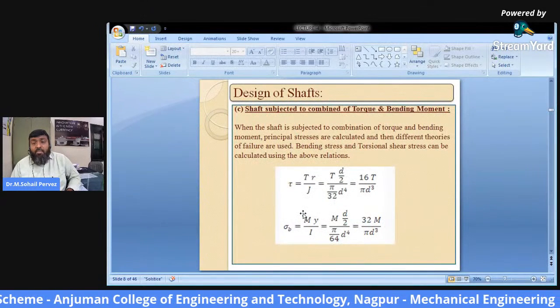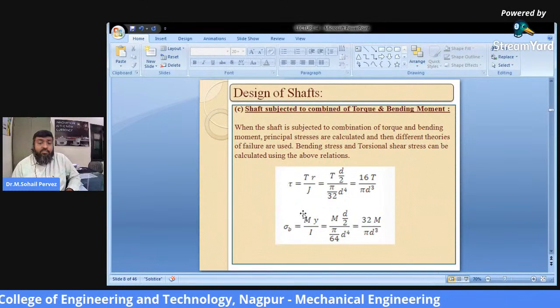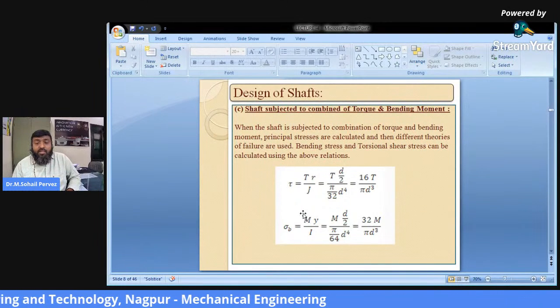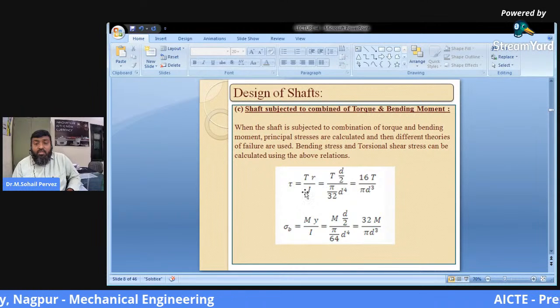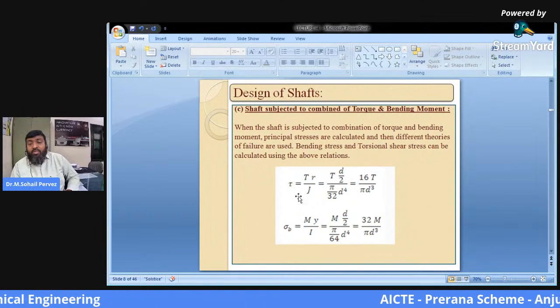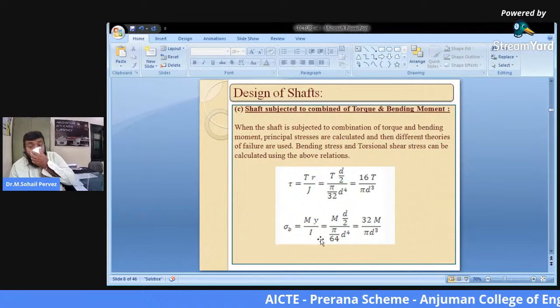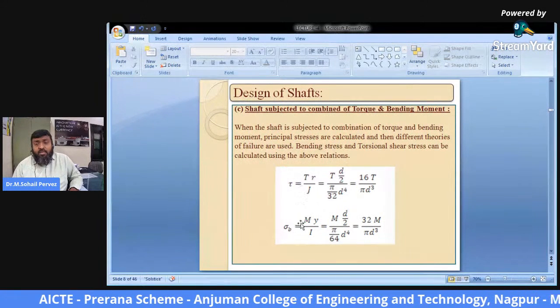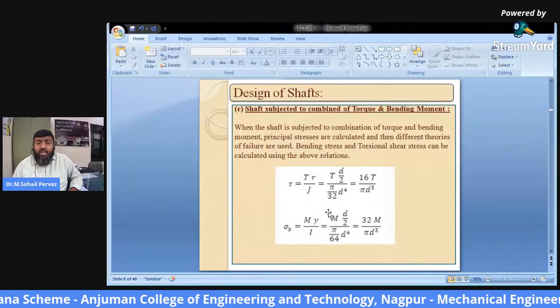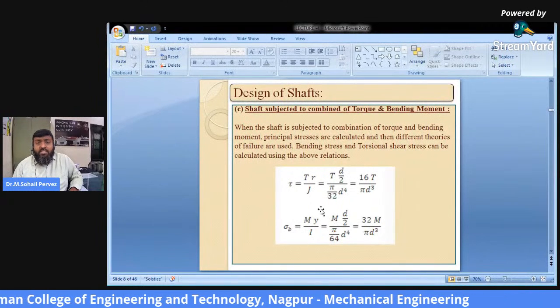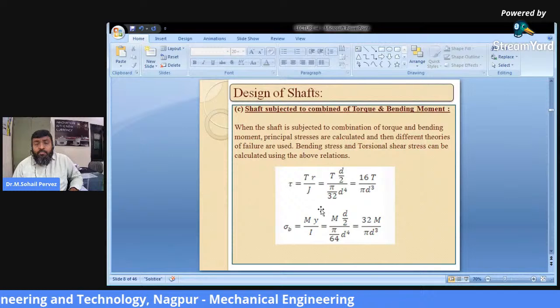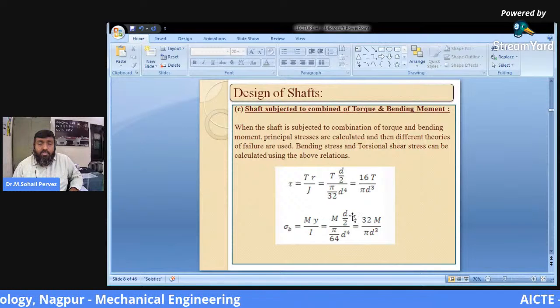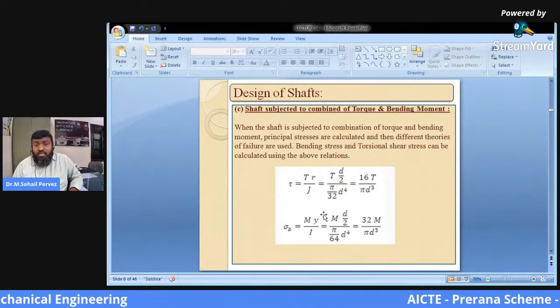Shaft subjected to combined twisting and bending moment. In this case we'll have to go for the equivalent bending moment and equivalent twisting moment. The tau and sigma B we'll have to combine using the basic principal stress theories, that is the maximum principal stress theory and the maximum shear stress theory.